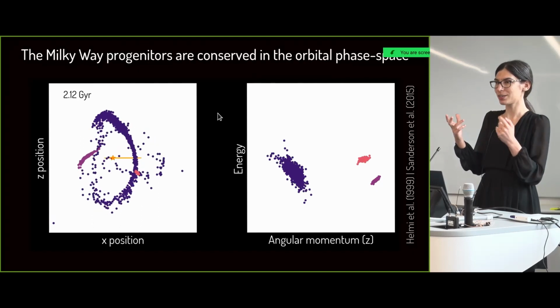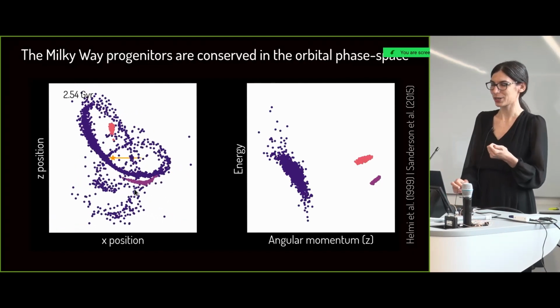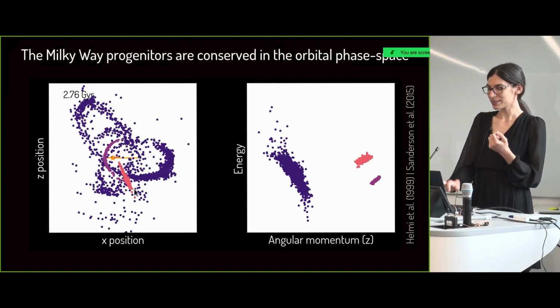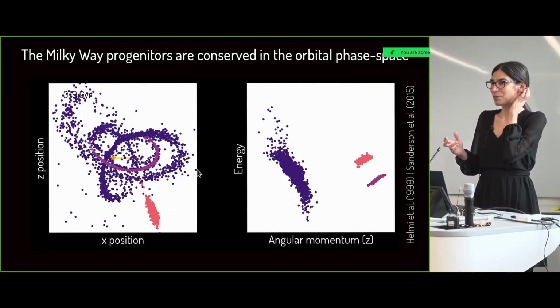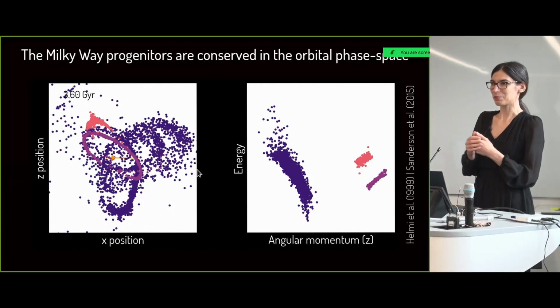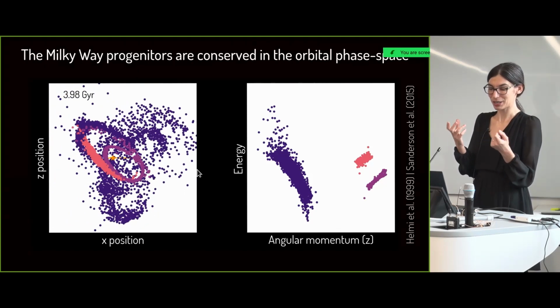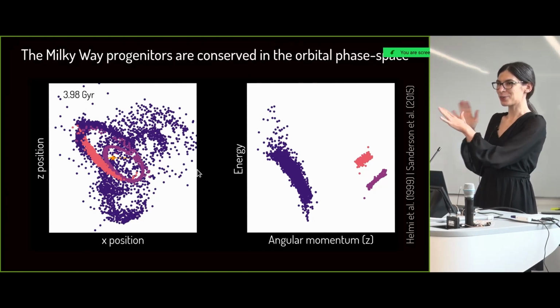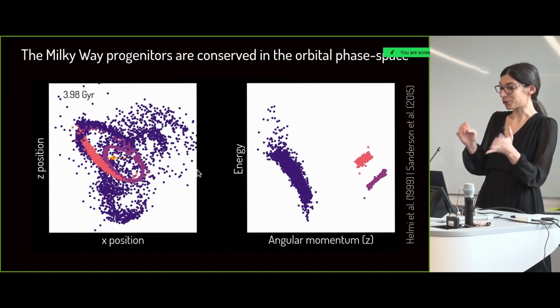And as time goes on, this also mixes and becomes part of just our stellar halo. And as we have more galaxies shown here with different colors, everything gets mixed together. So if we didn't have colors to tell them apart, it would be hard to say which star came from which galaxy. But this is only if we are looking at this in configuration space.